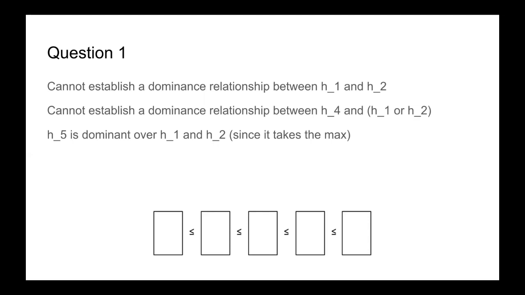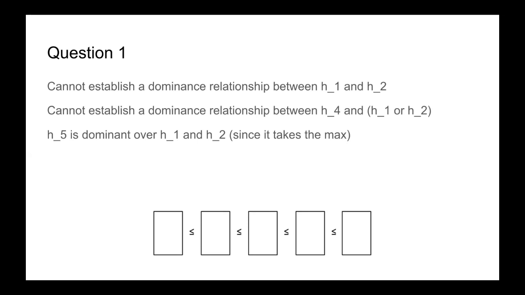In that case, the distance to the nearest food pellet would be smaller than the number of food pellets left. But then the other case could also be possible where there's only 1 food pellet left, but the distance to that food pellet is significantly larger than 1. Then in that case, we can't establish a dominance relationship between h1 and h2.